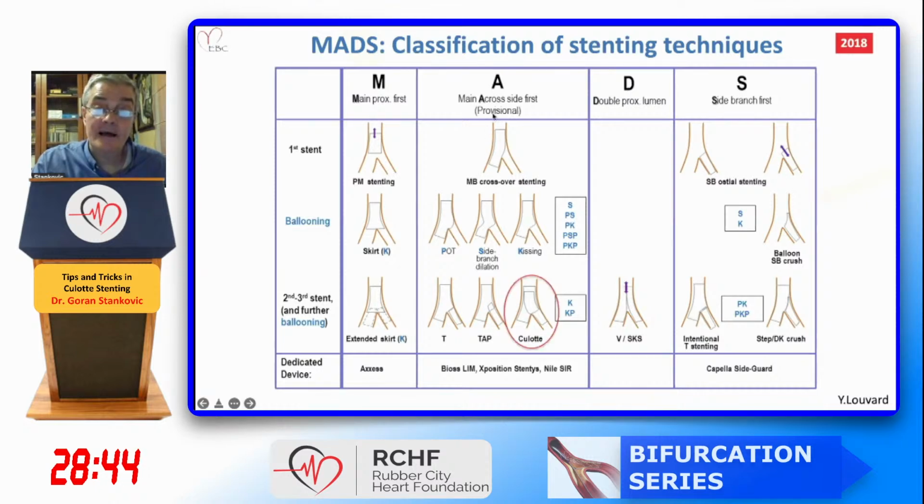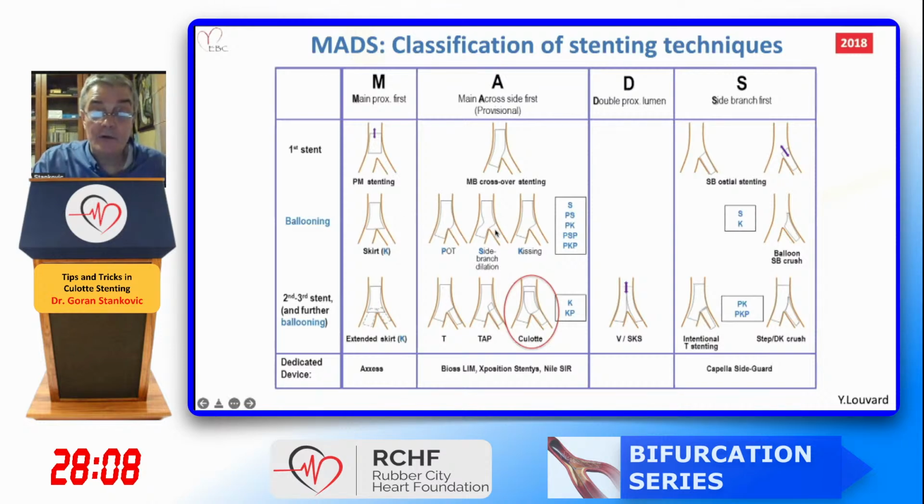I already discussed that provisional is for us a stepwise layered strategy in which there are multiple steps, starting from stenting of the left main into the LAD, from the proximal to distal part of the main vessel. Then we routinely do POT, and this is the first point at which we evaluate the result, because POT is mandatory in order to appose the stent in the proximal part of the main vessel.